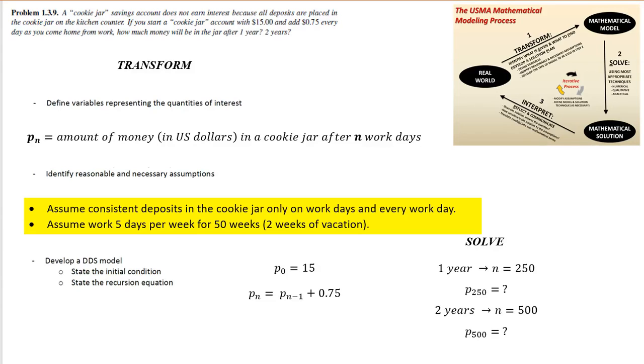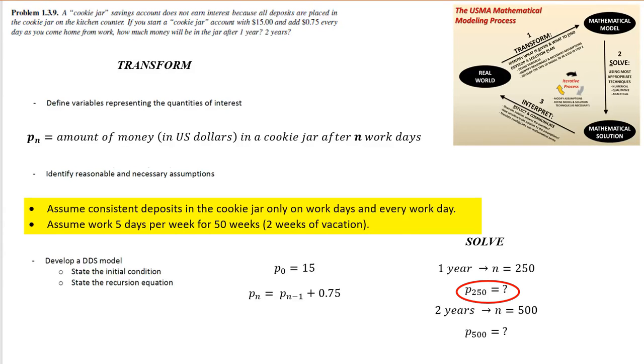Initially we made the assumption that we were going to make consistent deposits in our cookie jar on workdays, every workday. Additionally, we assumed that we worked 5 days a week for 50 weeks out of the year, allowing for 2 weeks of vacation. 5 times 50 equals 250, hence 250 workdays in 1 year.